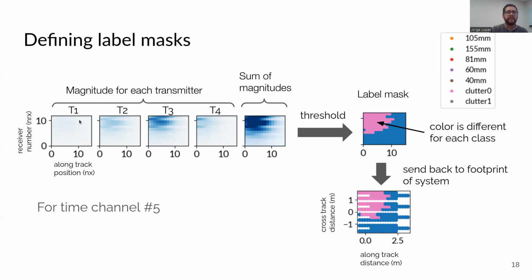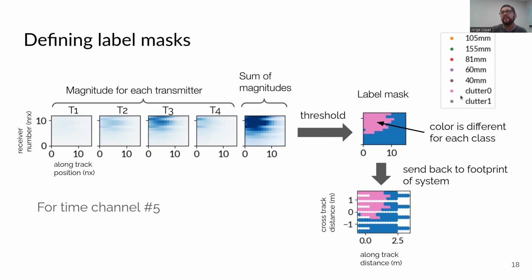We compute the magnitude for each of the receivers, do that for each of the transmitters, and then add them up, and we end up with something that looks like this. We define a threshold, and everything above that threshold is given a label of this object. Each color here refers to a different kind of object.